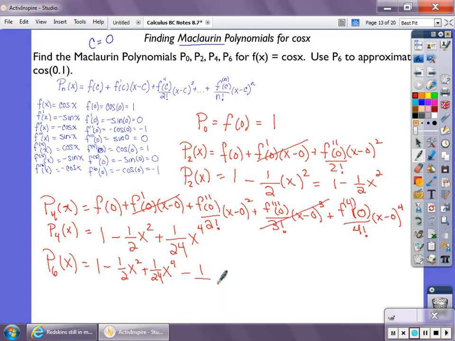It's going to be 1 over 6 factorial, that's 1 times 2 times 3 times 4 times 5 times 6, which is 720. And then it's going to be x to the 6th power. Okay? And so that's the 6th degree Maclaurin polynomial for cosine of x.